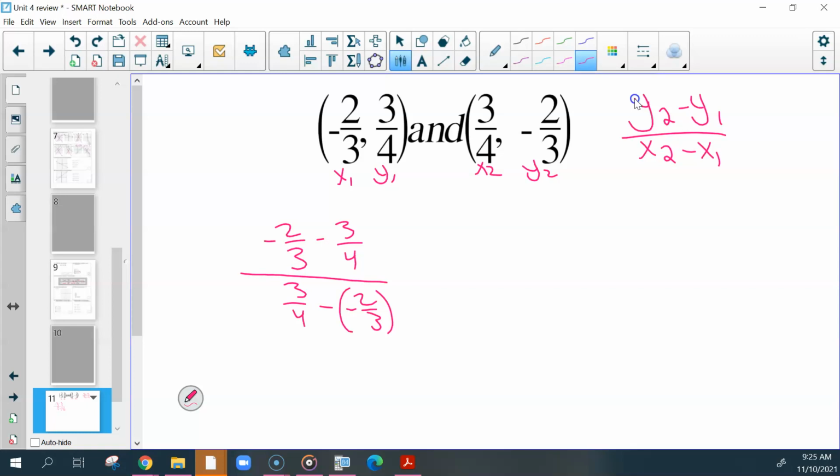If you put that all in your calculator, remember to do it one at a time. Do this part, then divide them at the end. I'm going to do it by hand and then do it in the calculator.